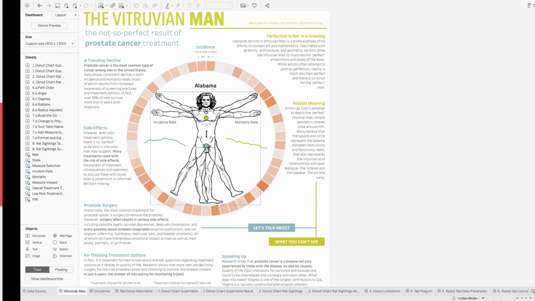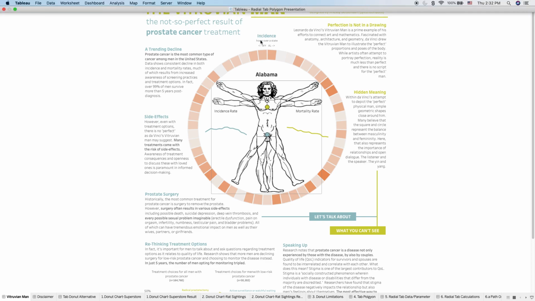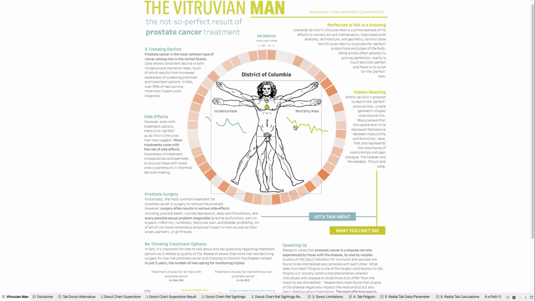All right, so this is the viz that I created, and I just want to show you what we're getting into. Here you'll see each of these is a state. In this case, we're looking at the rates for 2014, and anytime I hover over it, I get some information, and then there are some action filters that are filtering the incident rates and mortality rates in the intersection for the state.